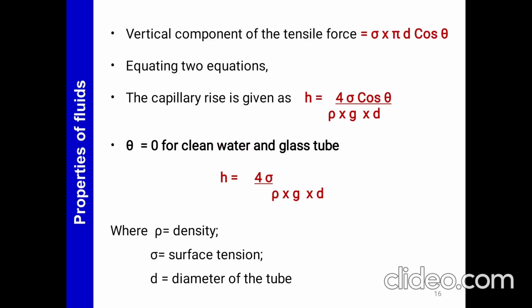Equating the above two equations, the capillary rise is given as h is equal to 4 sigma cos theta by rho g d. If theta is equal to 0 for clean water and glass tube, h is equal to 4 sigma by rho g d, where rho is the density, sigma is the surface tension, and d is the diameter of the tube.